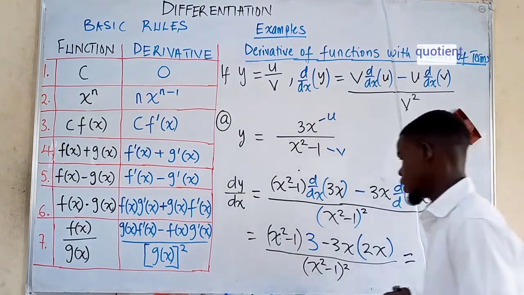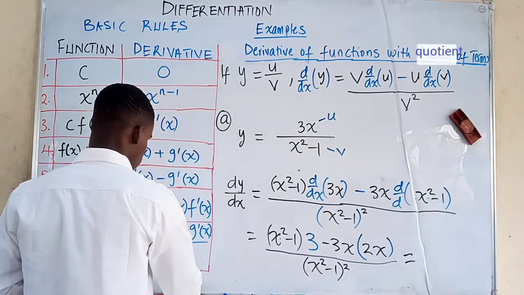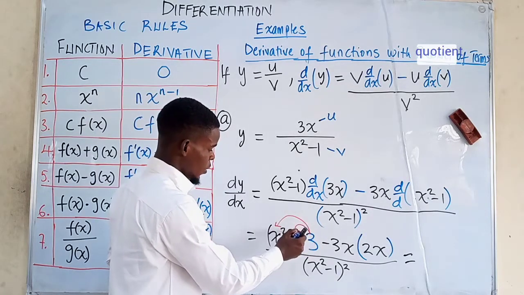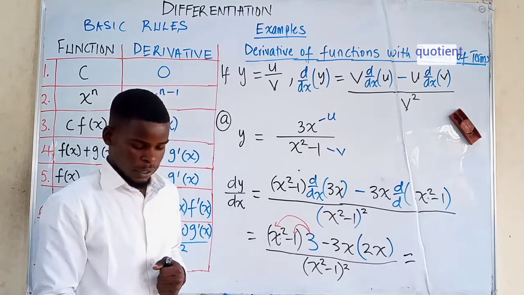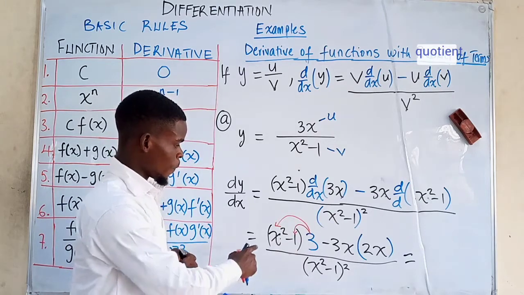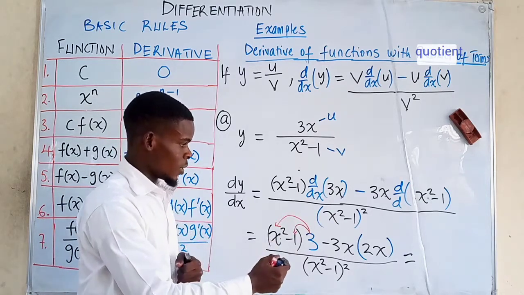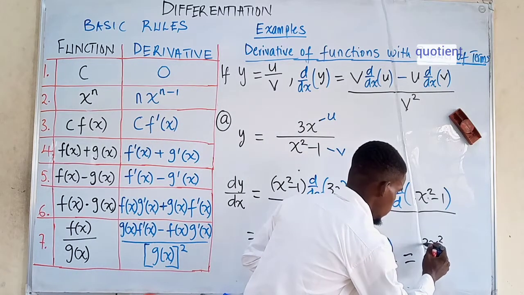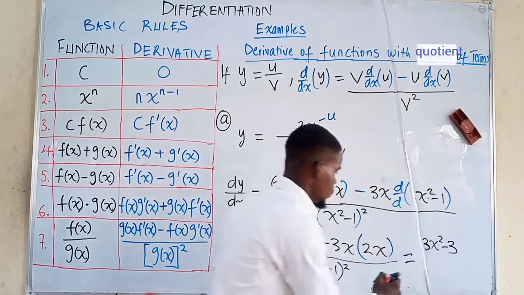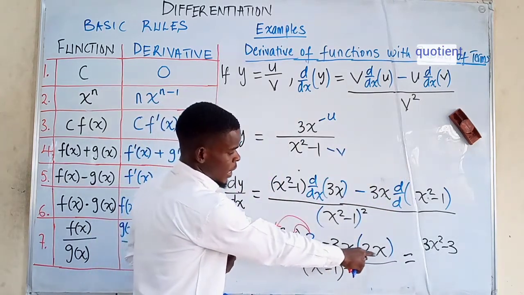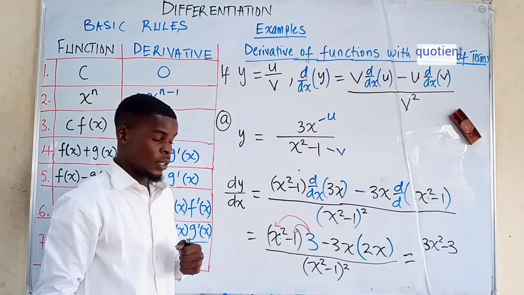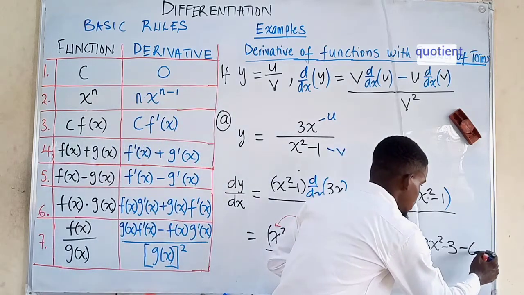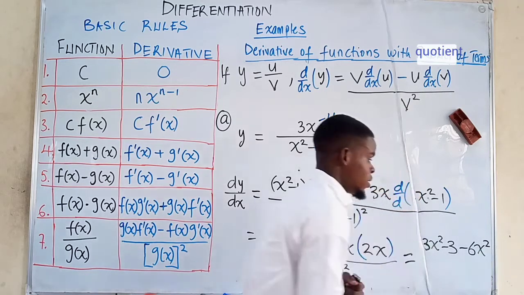This is what we have to do. We distribute the 3 to x squared and then to 1, and when we do that, we have 3x squared minus 3. Then we multiply this out: negative 3x times 2x becomes negative 6x squared, which is in the numerator.